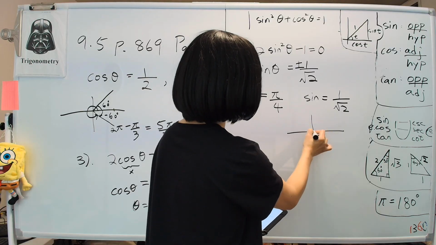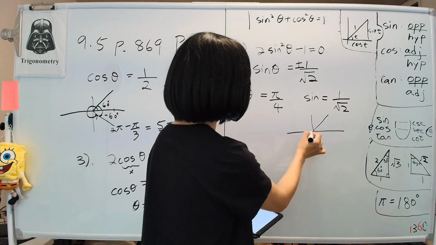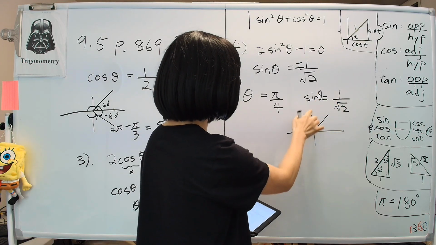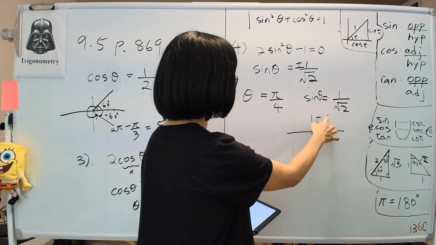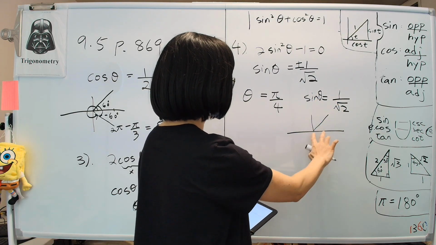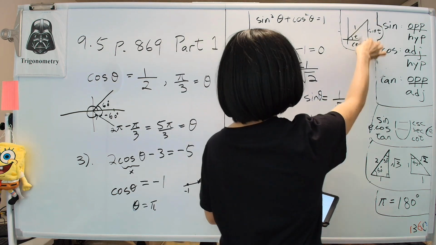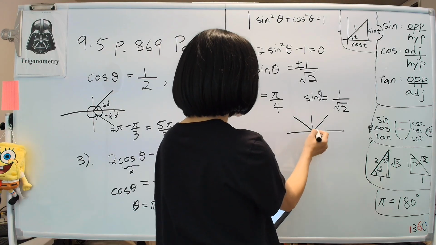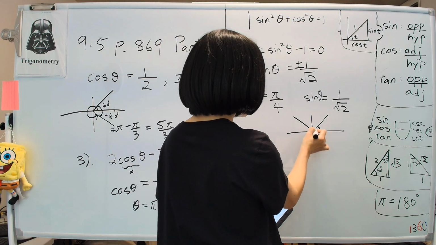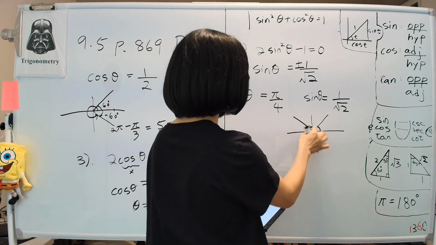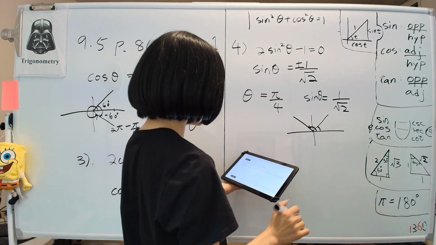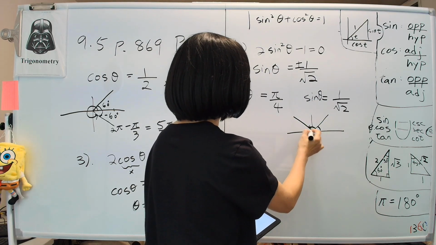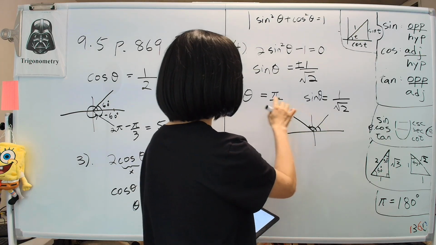Now for positive sine, this is pi over 2, and for sine theta to be positive, the y value must be positive, because sine is opposite, which is the y. Sine depends on the y value, see, up there. So for this to be positive, these two angles, this one is the first one, and this one is the second one, will have positive values for sine theta, and they both have the reference angle of pi over 4.